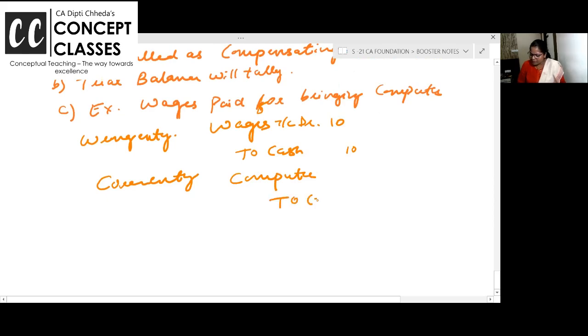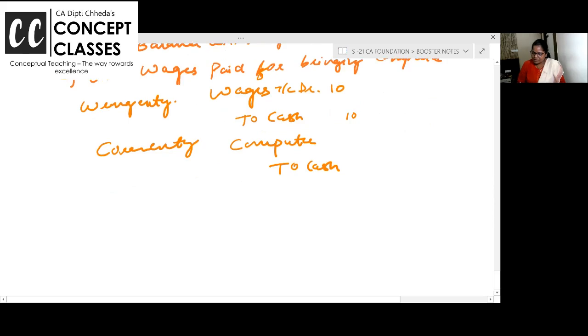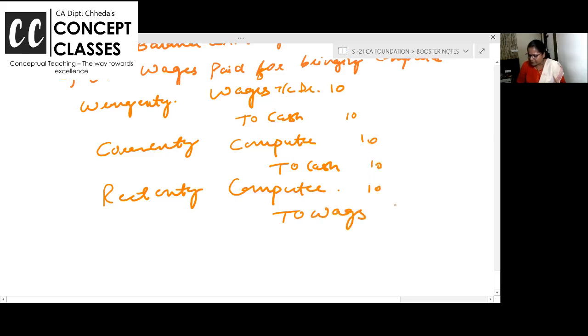Computer account debit to cash. So what will be the rectifying entry? Computer should be debited; wages, wrongly debited, should be credited. Now are you getting what is error of principle?